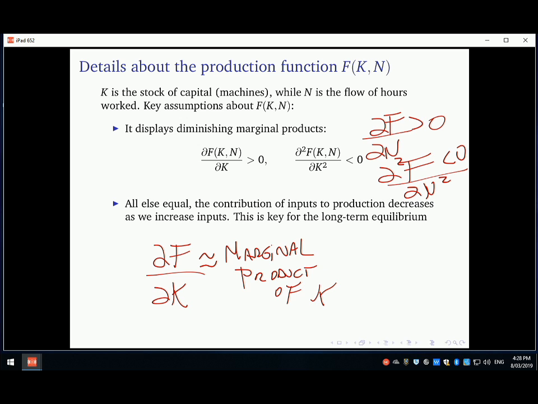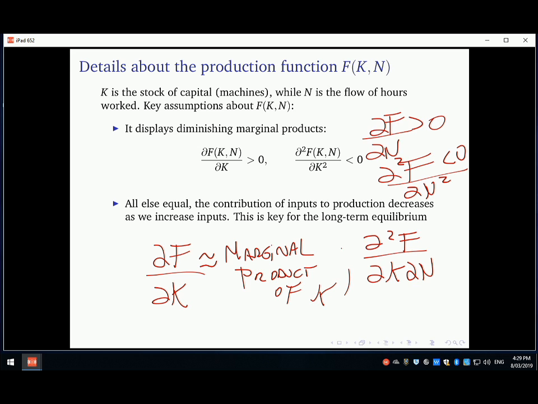And that is mathematically this. That is saying, how do you think that the marginal product of capital changes when you change labor? Is that positive or negative?